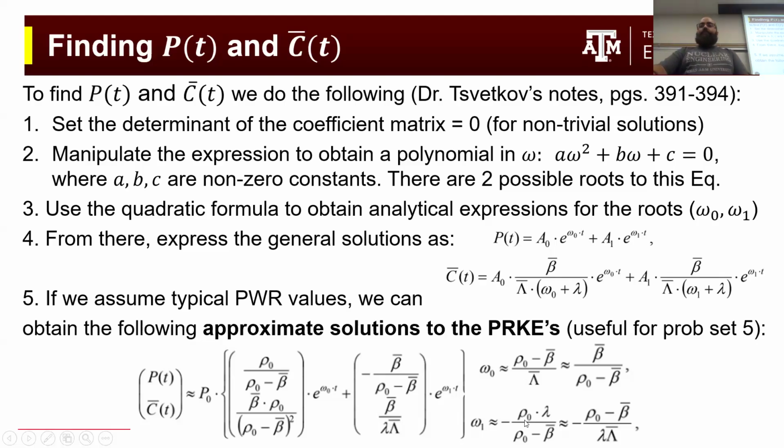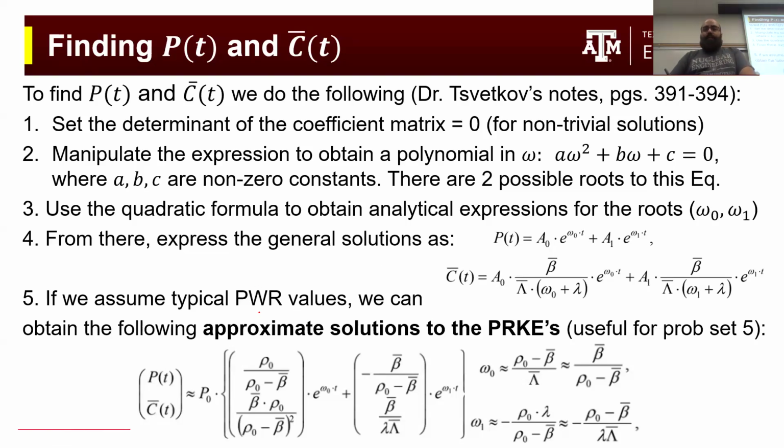So these are all numbers that you could either find in the notes or that might be given in the problem. They might just tell you what the value of the reactivity insertion is. So when you're doing problem set 5 and you're asked to plot the power as a function of time, this is the equation that you could use.